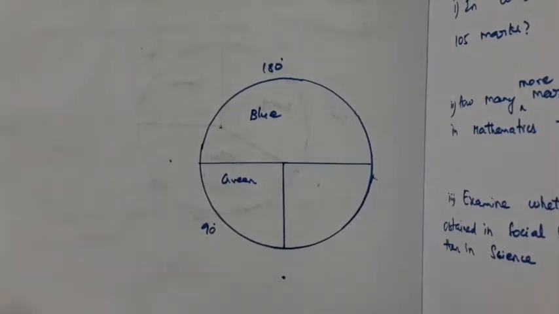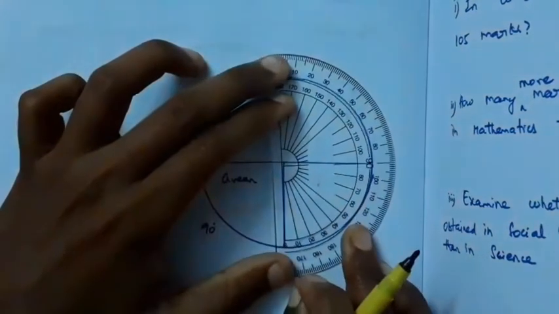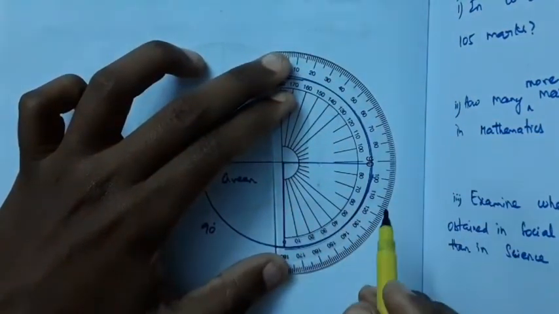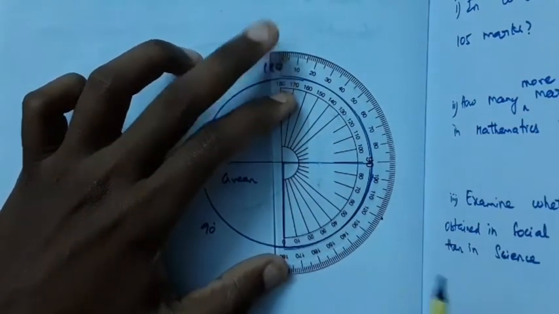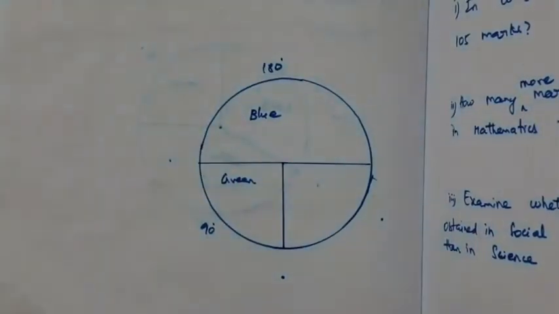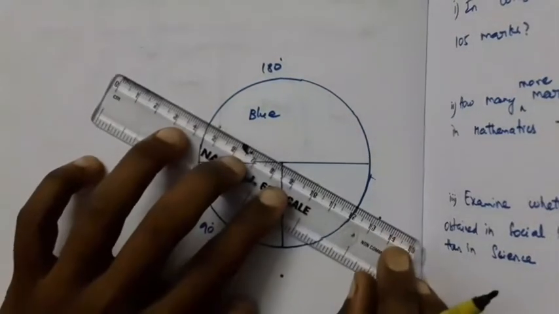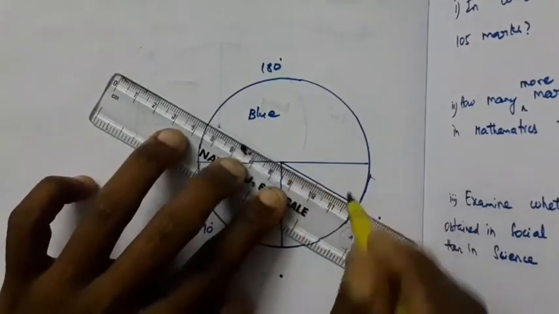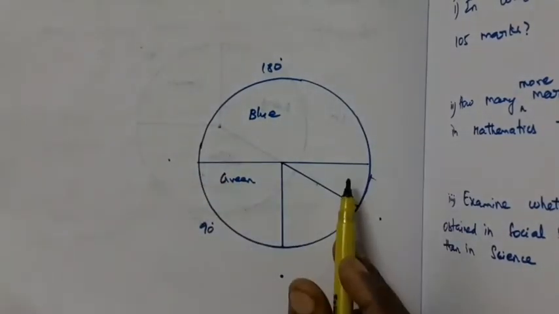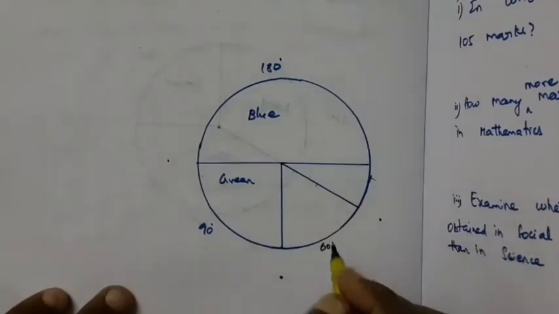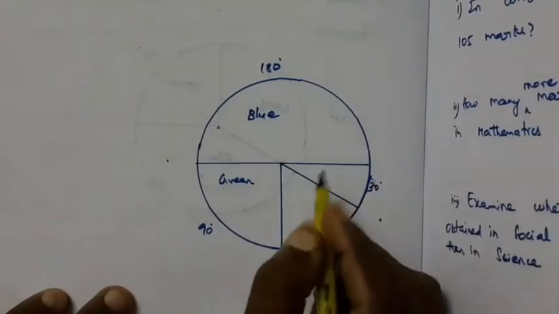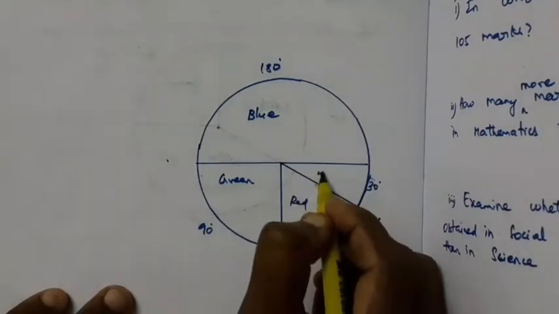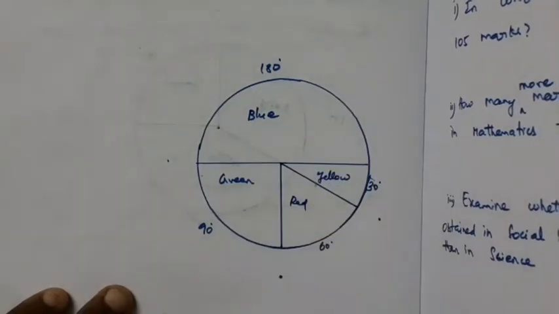Next, red is 60 degree. So from this line I am going to draw 60. This is 60 degree and the remaining is 30 degree. This is red and this is yellow.